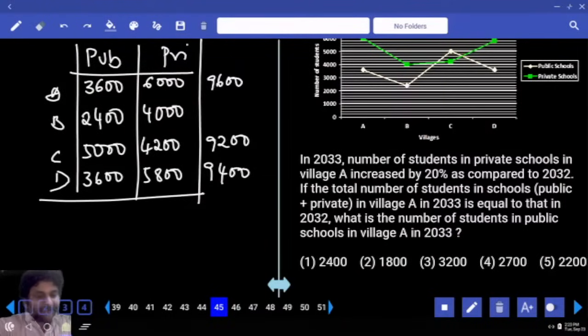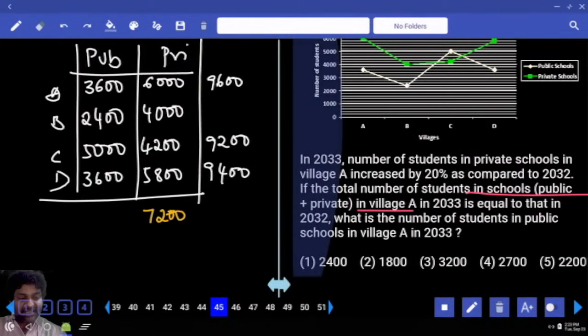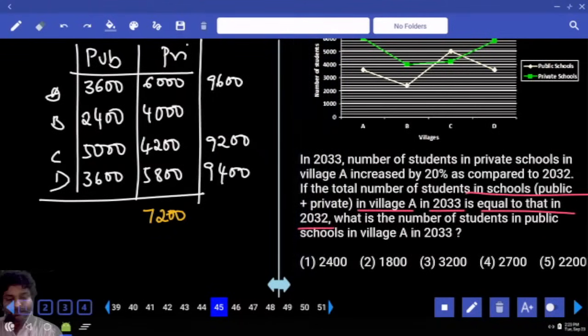In 2033, number of students in private schools in village A increased by 20% as compared to 2032. Village A private increased by 20%. 1,200 increase, 7,200. Total number of students in public and private schools in village A in 2033 is equal to that in 2032.